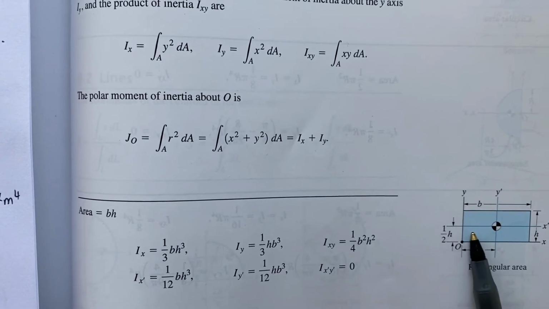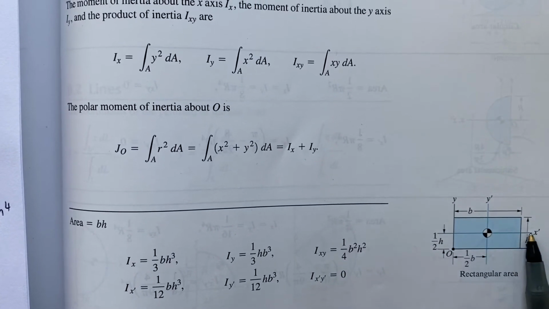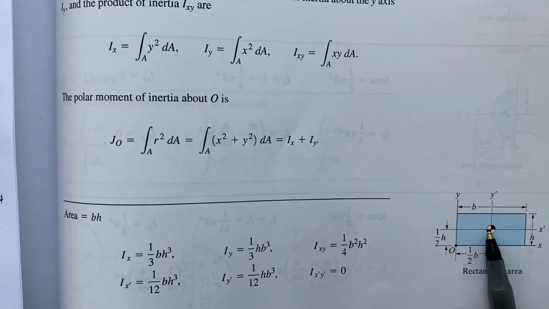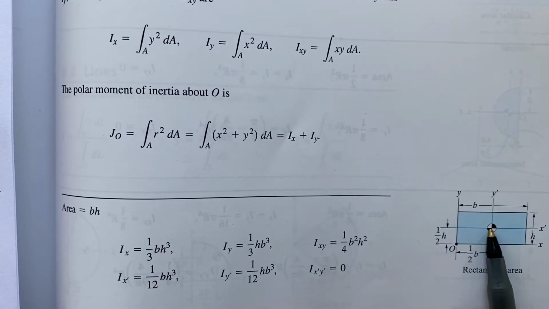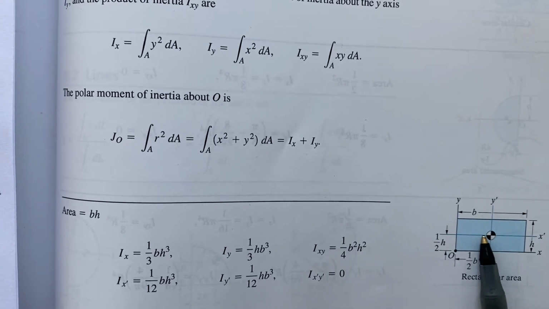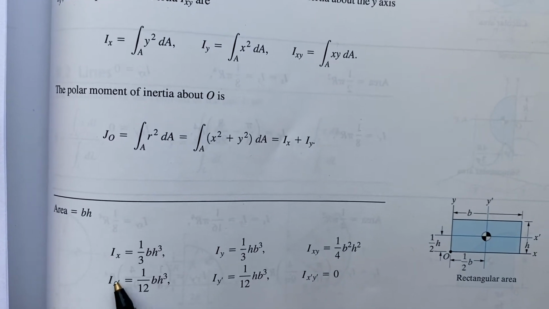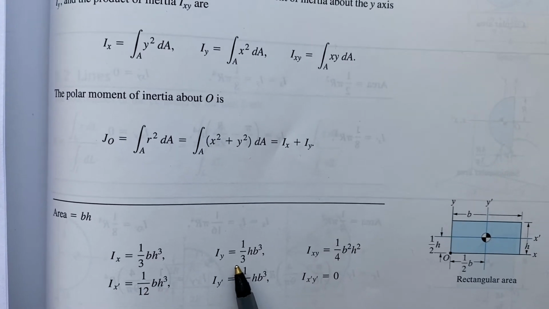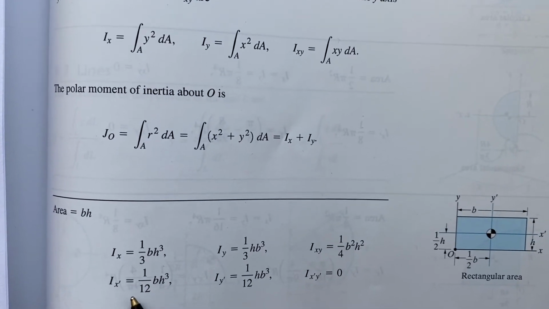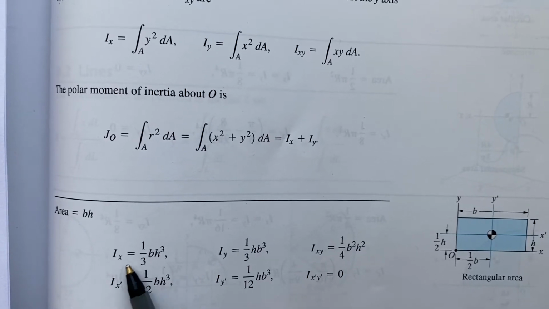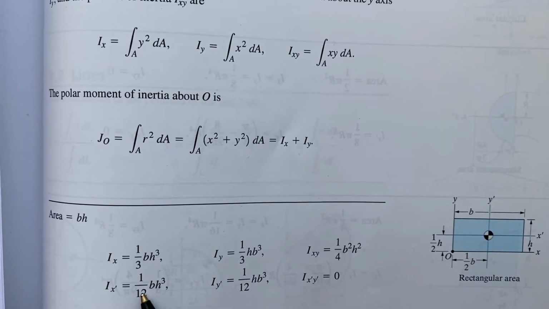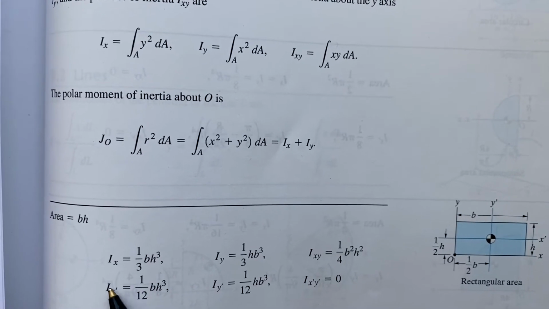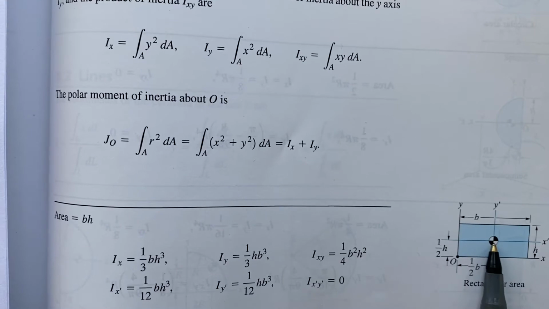Here we have x dash, y dash, which give us the coordinates of the centroid of the area, and here is our information about the moments of inertia about those two axes. For our example, we're looking at the moment of inertia about the x-axis, so this is the formula that we need. We have 1/12 base times the height cubed to give us our moment of inertia about the centroid.